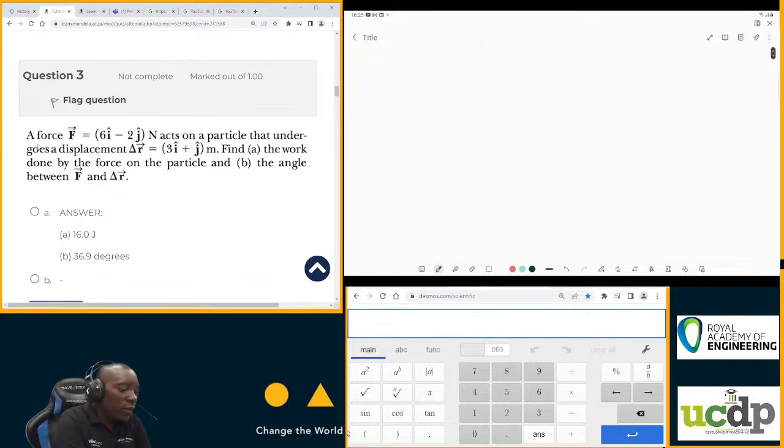So we have the force described in terms of components.